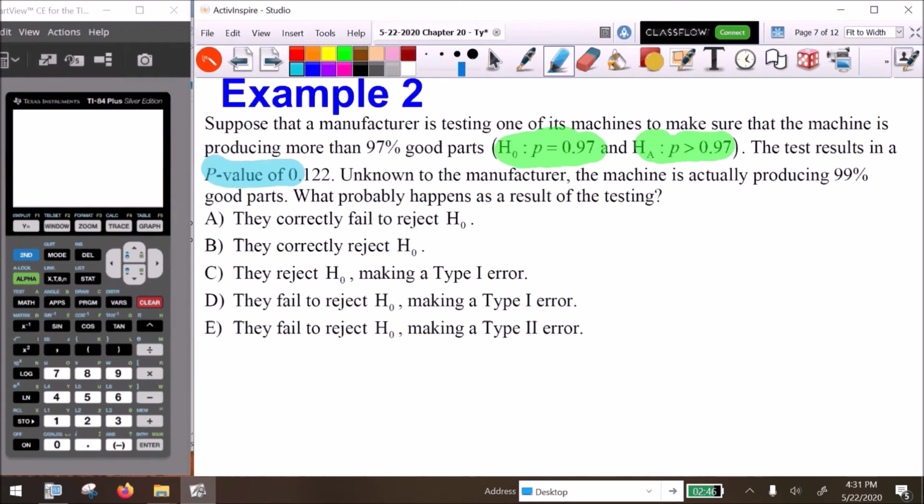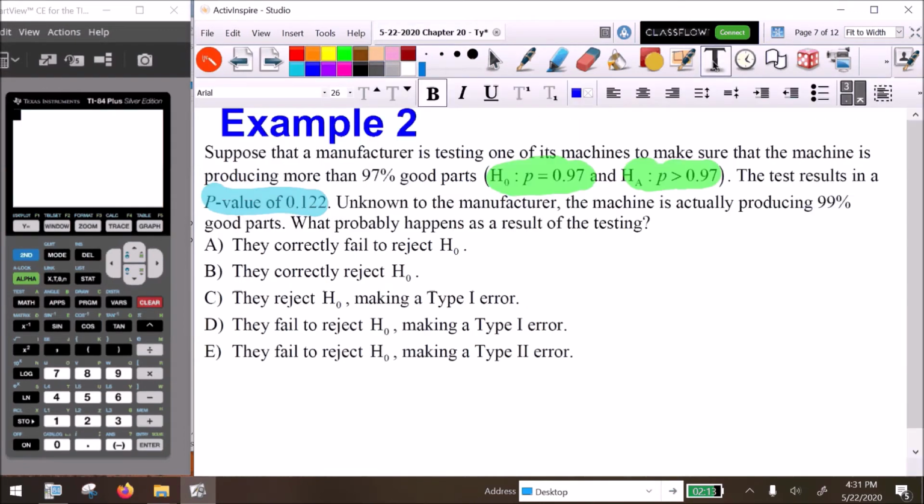Now, unbeknownst to them, the rate at which the machine is producing good parts is actually 99% of the time. But their p-value was 0.122. That p-value is not lower than the typical threshold for statistical significance, which is 5% or 0.05.